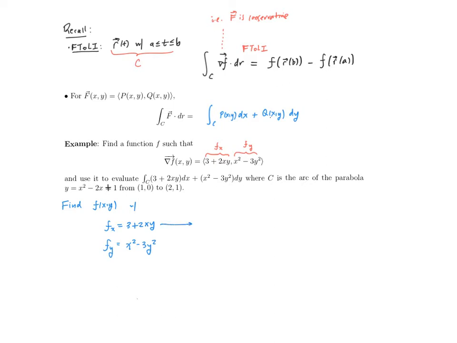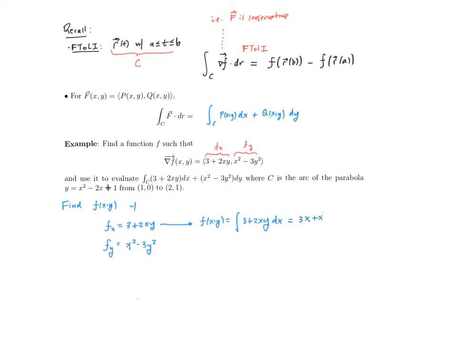From the first partial with respect to x, we know that f can be represented as the antiderivative of 3 plus 2xy with respect to x. When we antidifferentiate with respect to x, we treat the y's as constants.